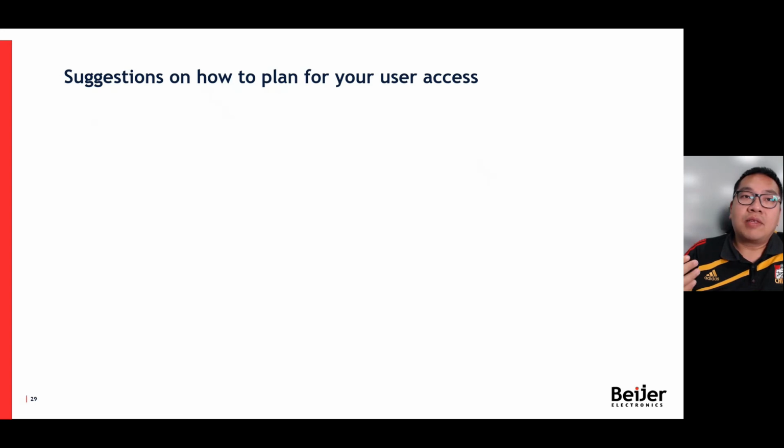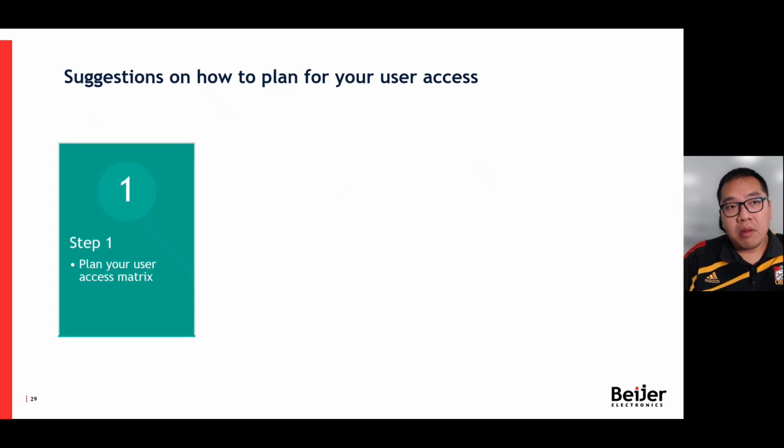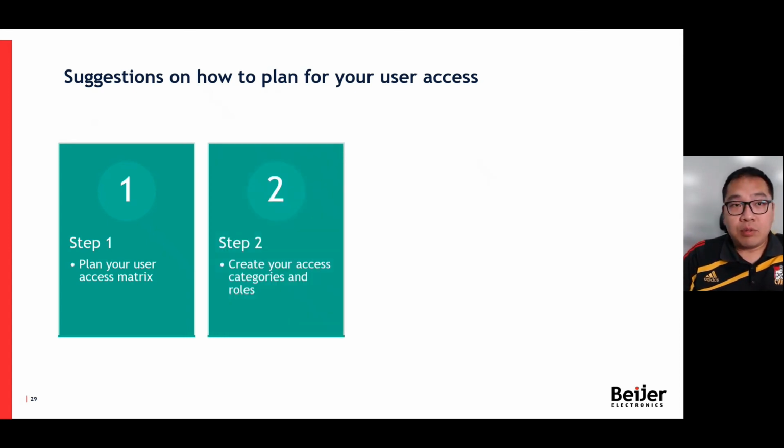So here are some suggestions on how you can go about planning this user access role. Number one, plan your user access matrix in this case. I have the example that you can borrow as well. Step two, create the different access categories and roles accordingly. Give them a proper naming convention so you know what that access category and role is.